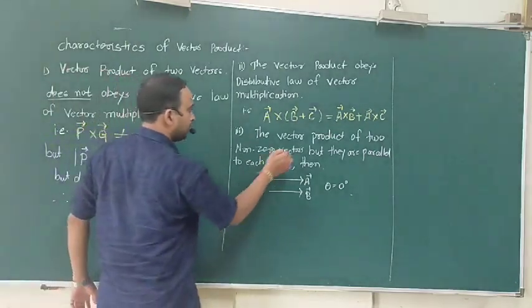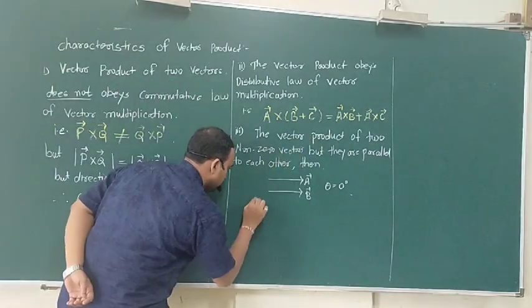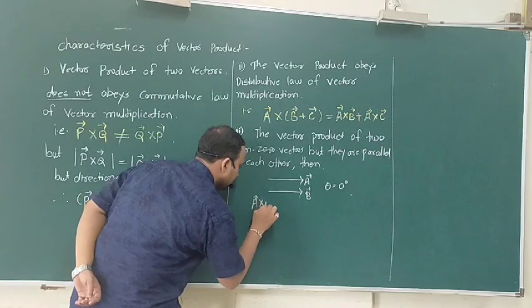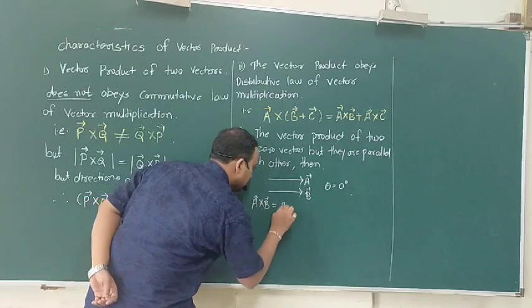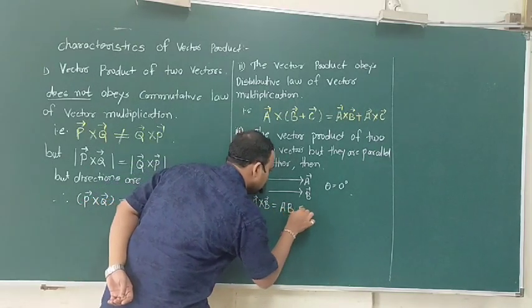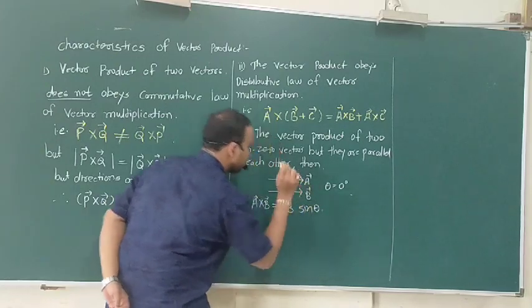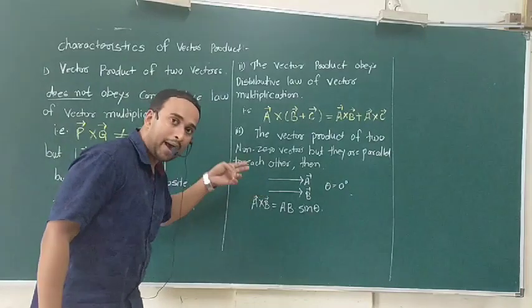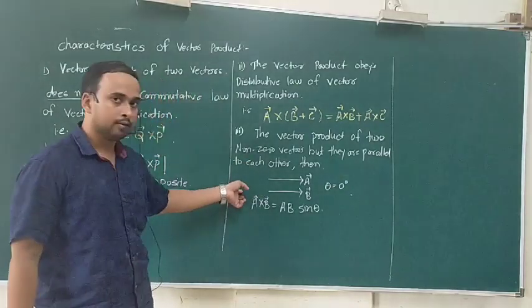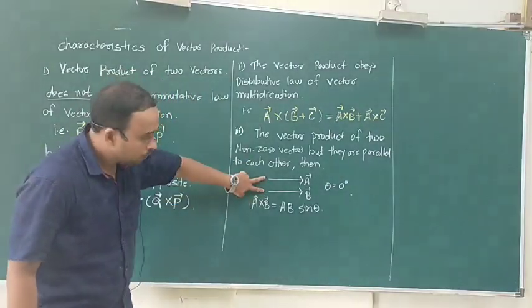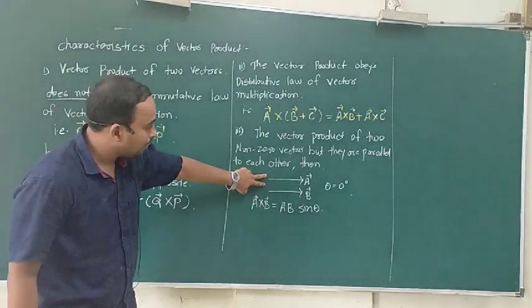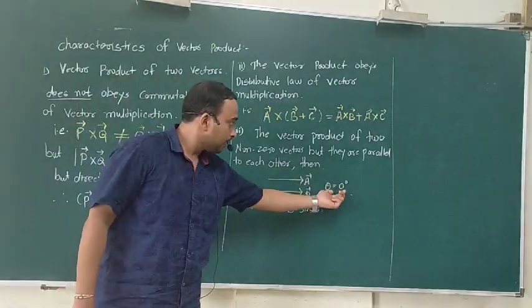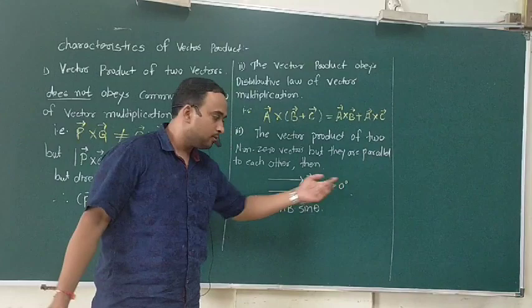Now we want to find the vector product. That means vector product can be written as A bar cross B bar is equal to AB into sin theta. If the two non-zero vectors are parallel to each other, then the angle between these two vectors is 0 degree.